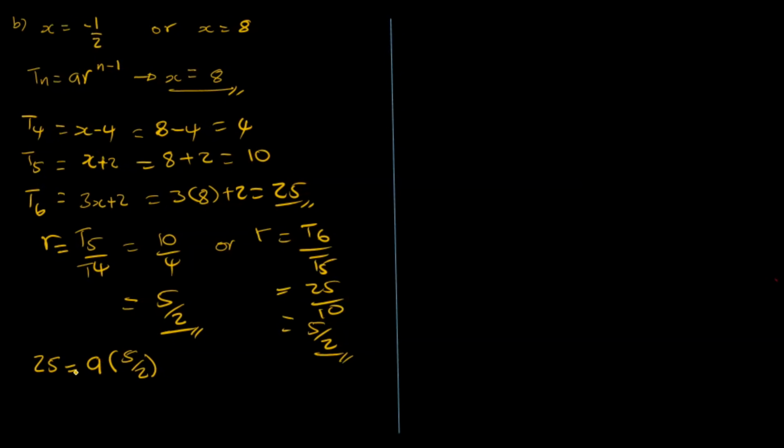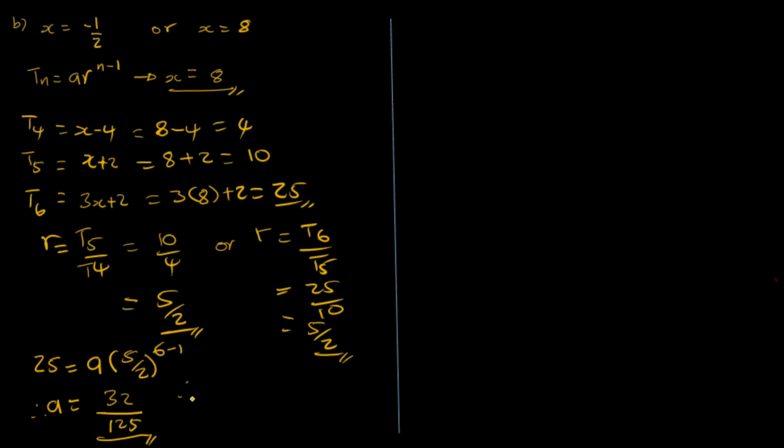Since it's term 6, we know that n is equal to 6. So if you divide both sides by 5 over 2, all raised to 5, the value of A that you'll get will be 32 divided by 125. Okay, so we have determined the value of A.